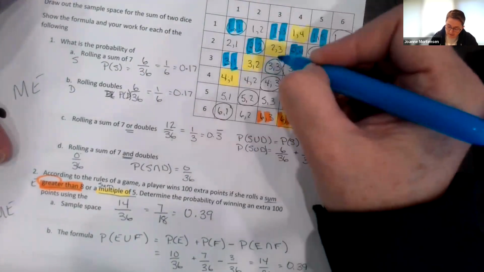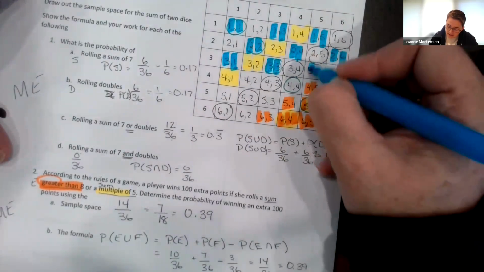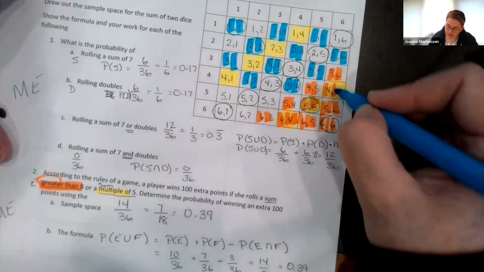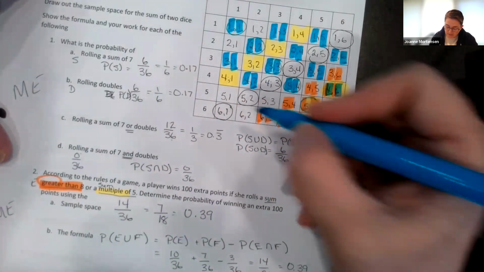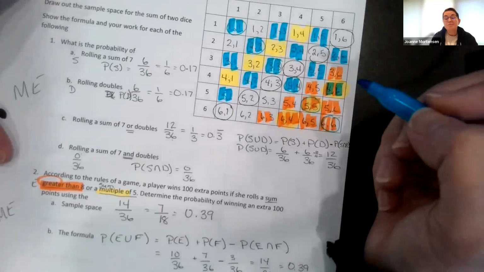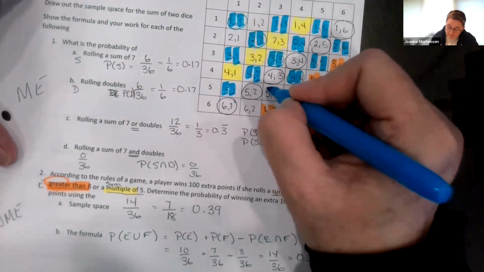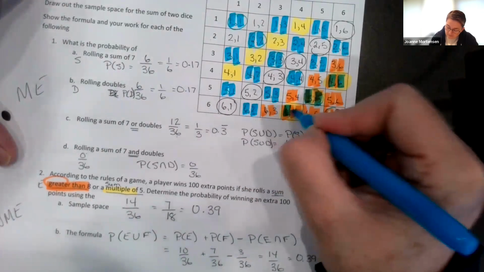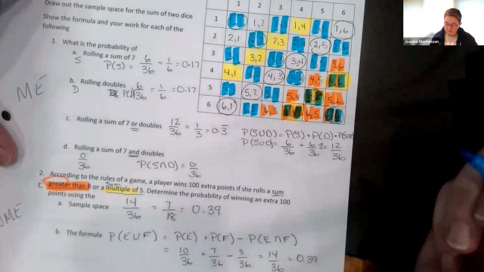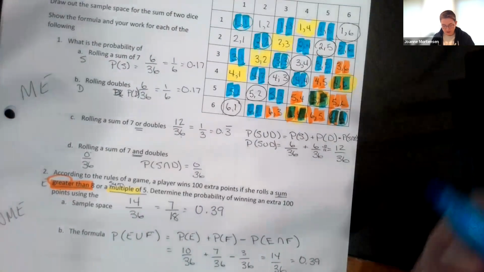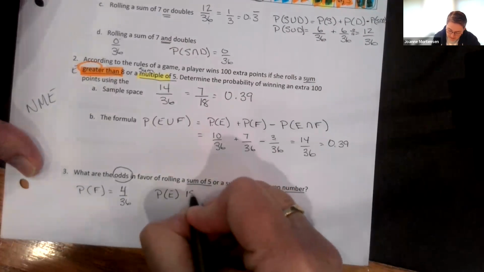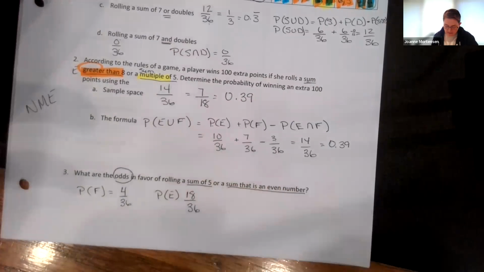You guys seeing the pattern? Because I am. And I suspect some of you predicted before I even started doing this. Probably going to be about half of them. Which makes complete sense. So that should be 18 out of 36.